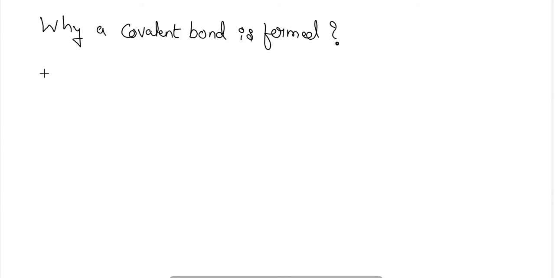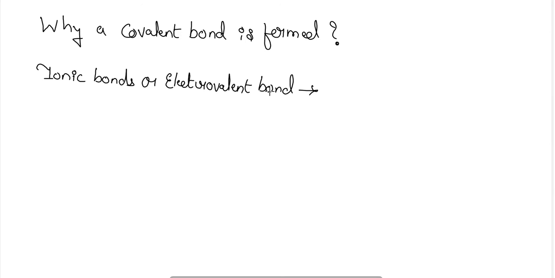First thing, in the last chapter we have studied about ionic bonds. Ionic bonds were also named electrovalent bonds. So let me recap what ionic bonds are.